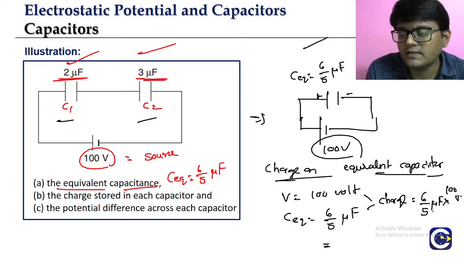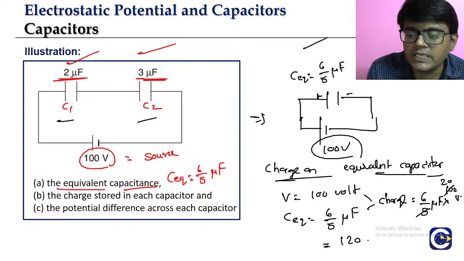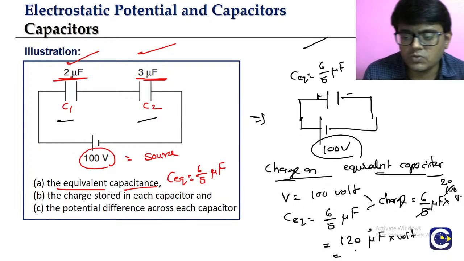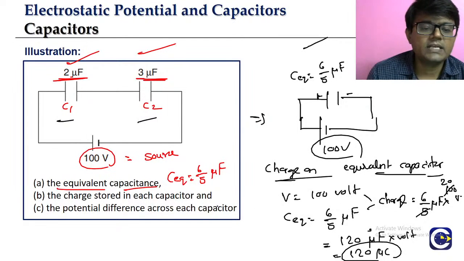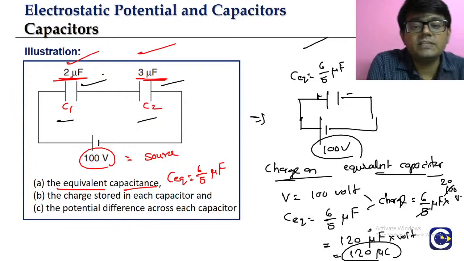So what we'll get? 5 ones are 5, 20s, so 120 microfarad into volt. Do you know what this is? Micro stays as it is, farad into volt is coulomb. So we'll get 120 microcoulomb. So what is the charge stored on that equivalent capacitor? 120 microcoulombs.